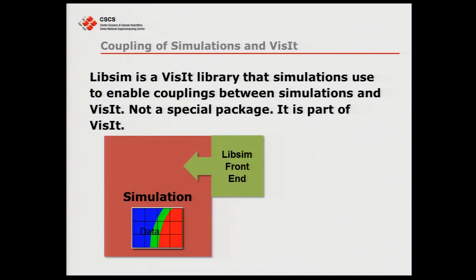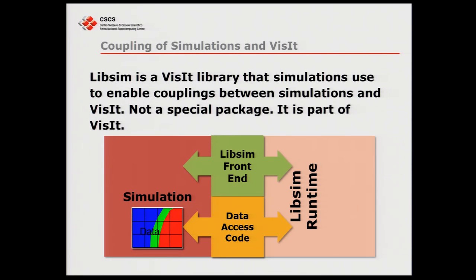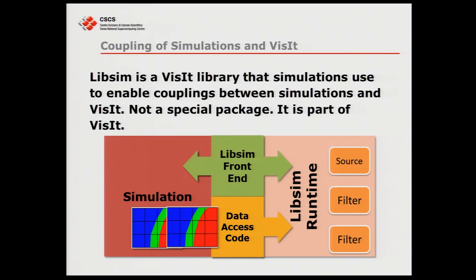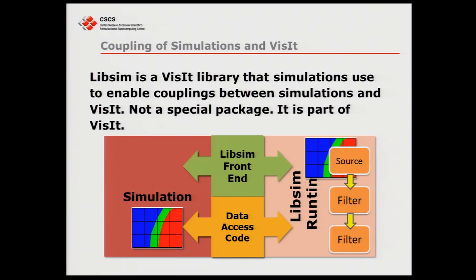We don't have to actually connect to it. So it's a very small weight which we add to the simulation. If we want to connect to it, we write the data access code, and the simulation can run. When we connect to it, and only at that time, the runtime library of the VisIt engine is loaded in memory, and the data can flow through the visualization pipelines.